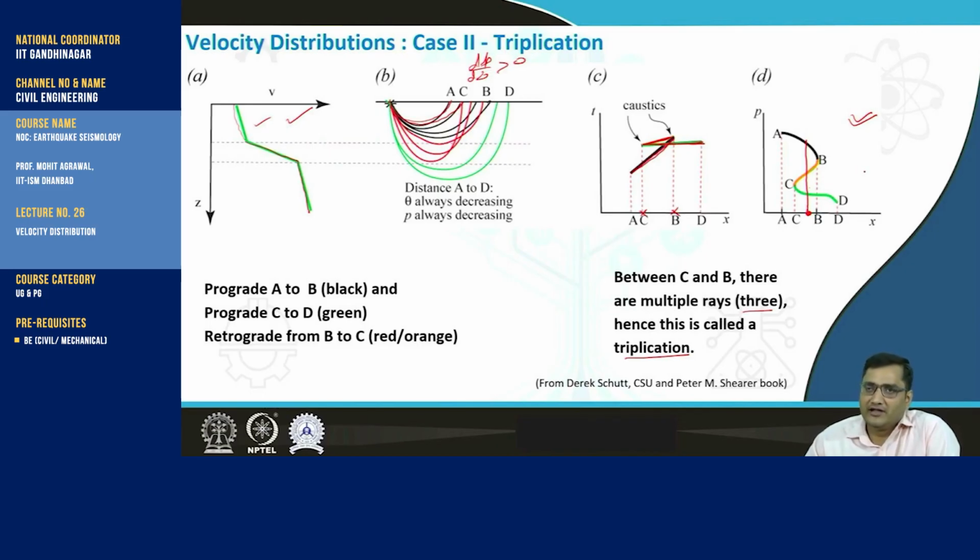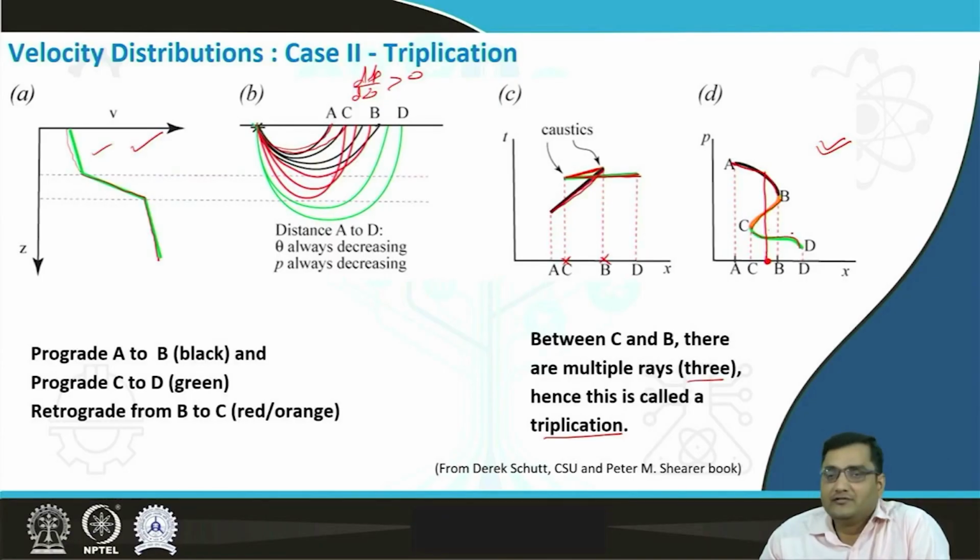And this phenomenon, as we have explained, is related to triplication. The branch depicted in black color is the prograde motion. Between B and C is the retrograde motion, and between C and D is the prograde motion again.